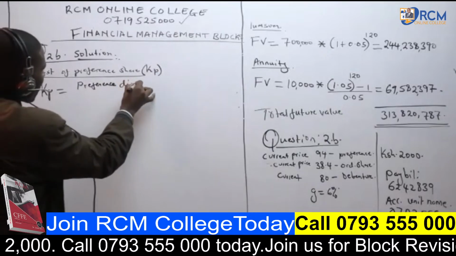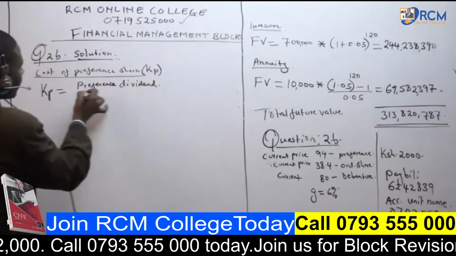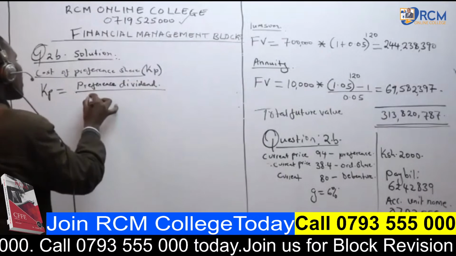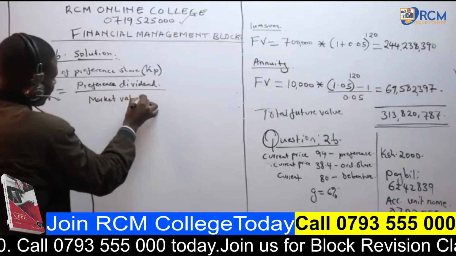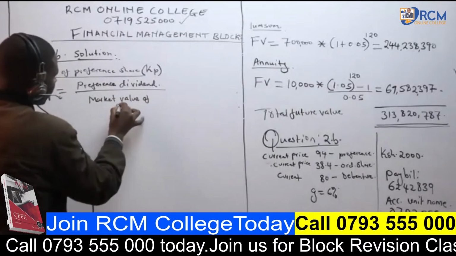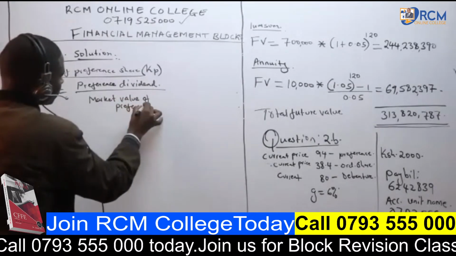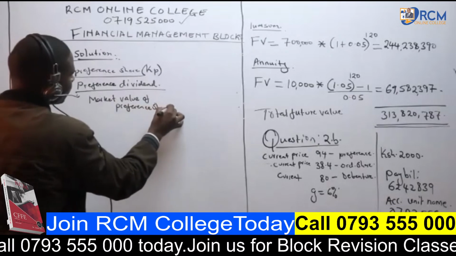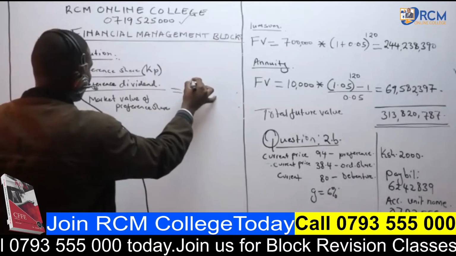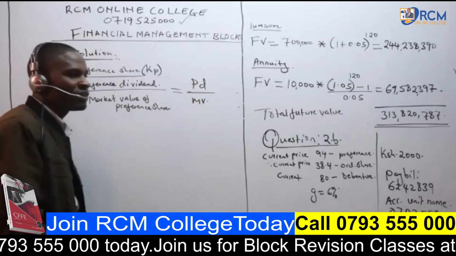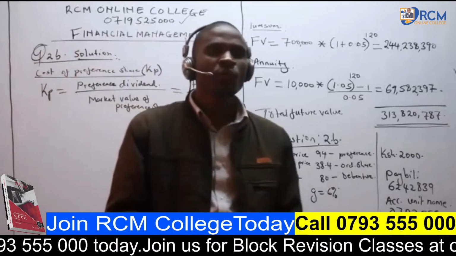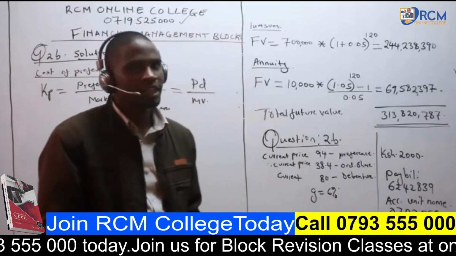Preference dividend divided by the market value of preference share. You see some people saying pay divided by market value. No worries. Whichever the case, we need to arrive at the same destination.